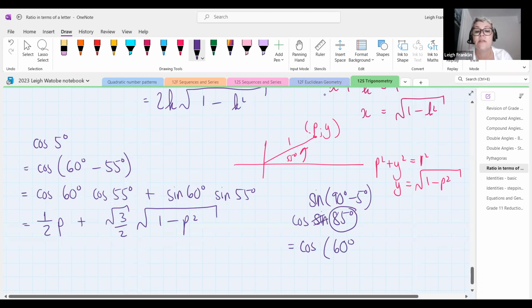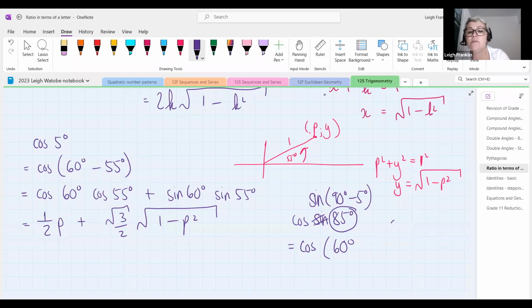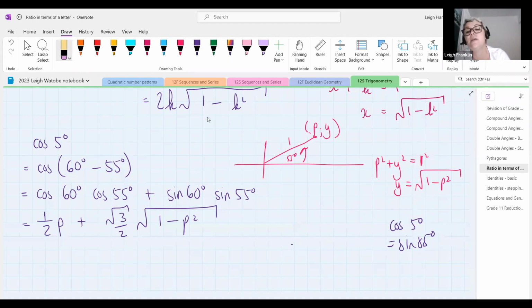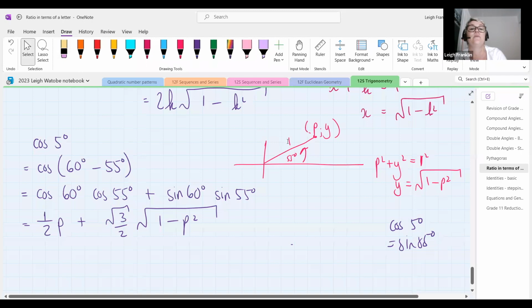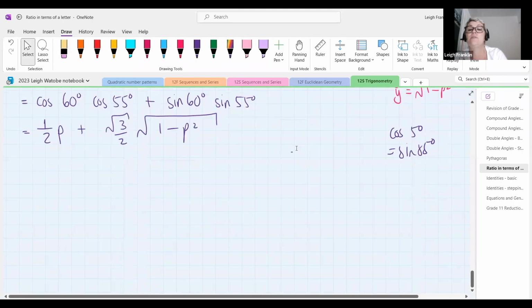Isn't cos 5 equal to sine 85? Yes, it is. Oh, so that's what you did. Okay, all right, hang on a second, let's just get that down. So you said cos 5 is equal to sine 85.